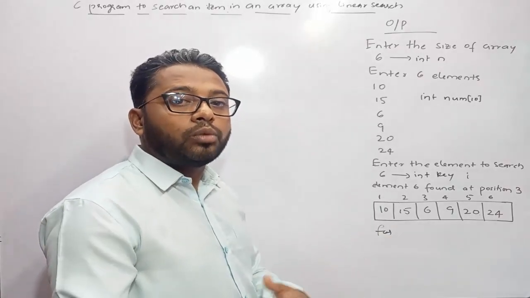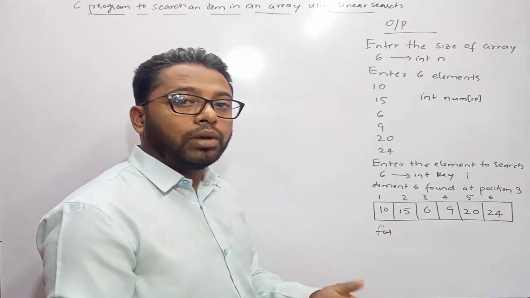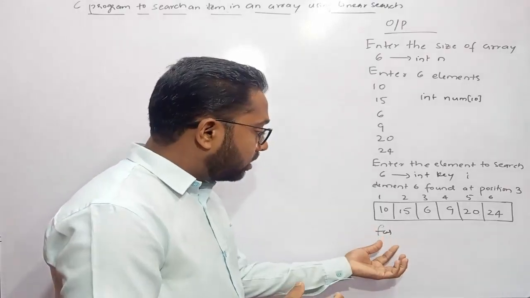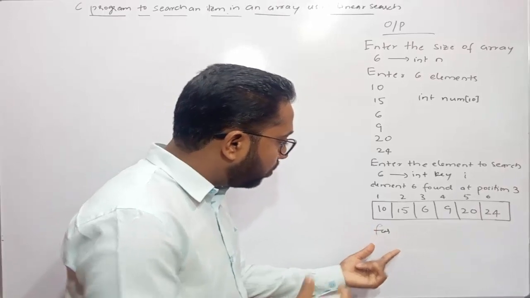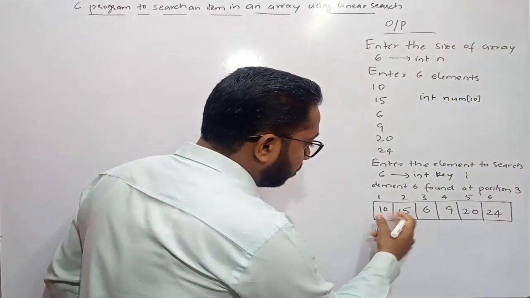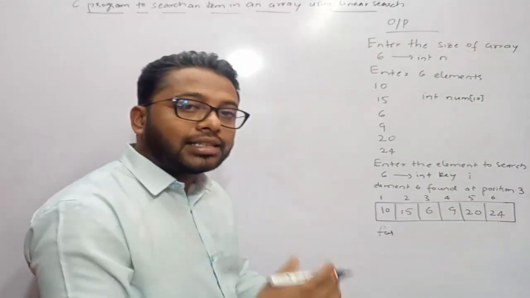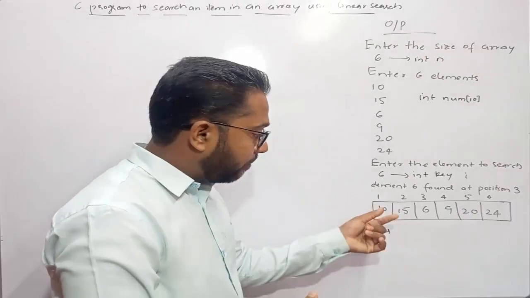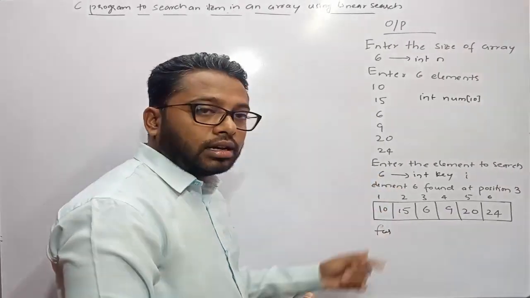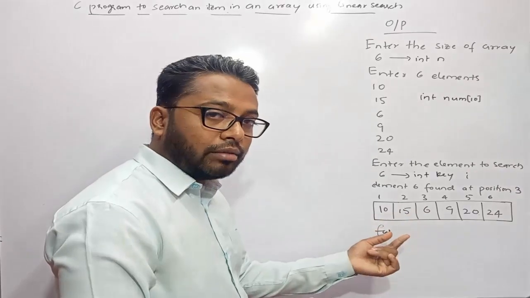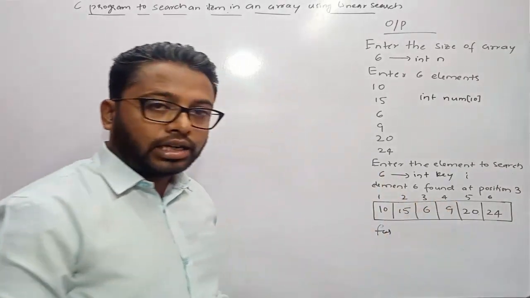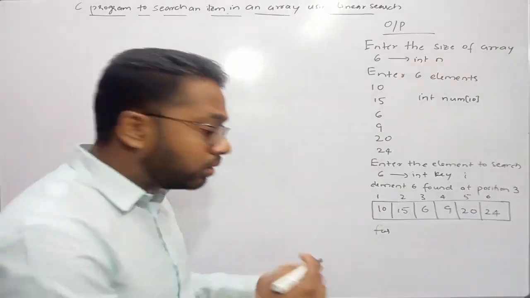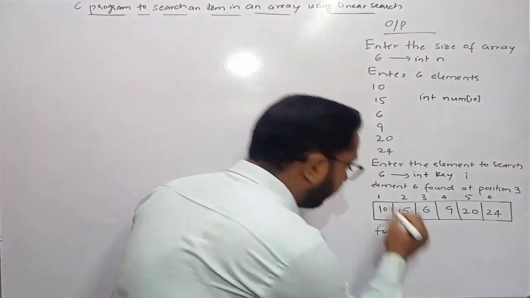You can use other looping constructs like while loop or do while loop, but for this situation the best looping construct is for. So with the help of the for loop, I can visit each and every position of this array. At the same time, I can compare the key item with each and every element, and to compare the key element with each and every item of the array, I need to use if.